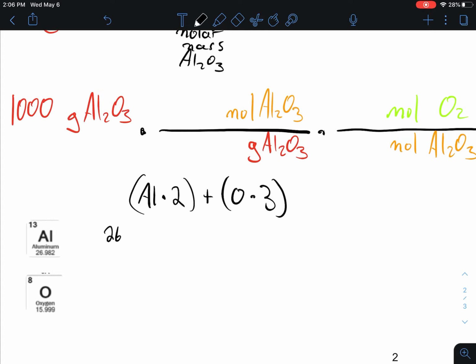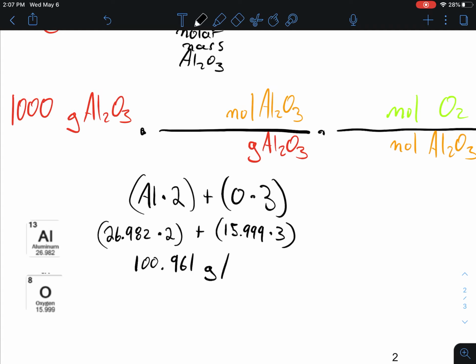The Al is going to be 26.982 times 2 plus 15.999 times 3. Solve that out, and you will end up with 100.961 grams per mole, or grams per 1 mole.